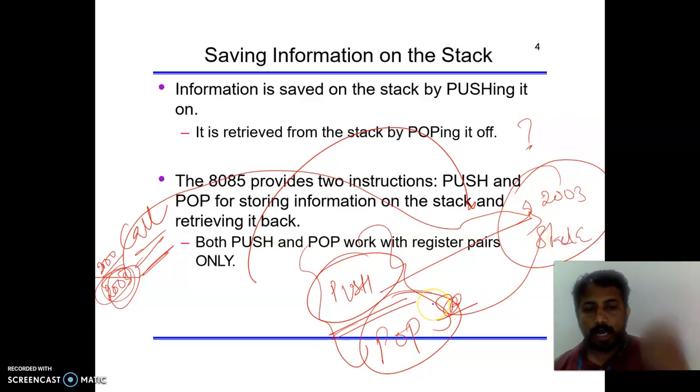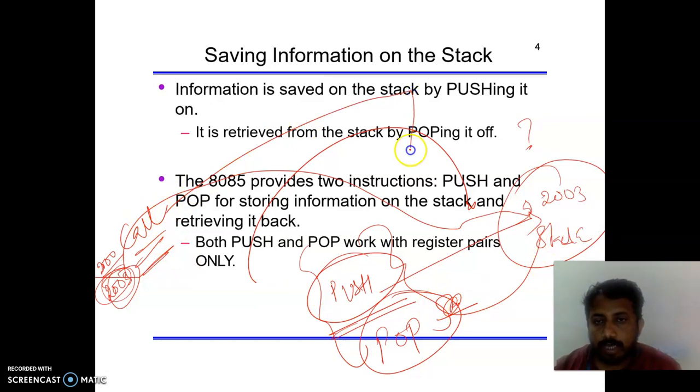Until what period? Whenever you go for a call, in that call program you will find one return. When we go for return, the program that was executing stops, and it goes to the stack.